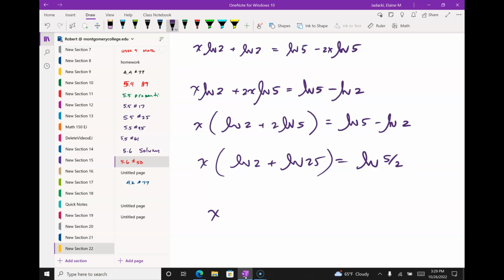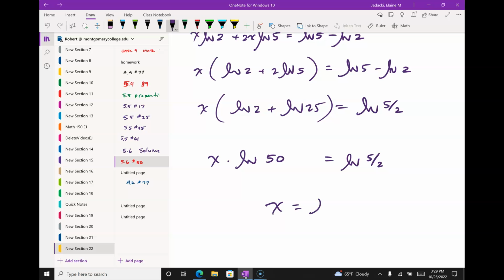So I've got x times the ln of what? I'm adding 2 logs. What do I do with the arguments? Multiply. Ln of 50.